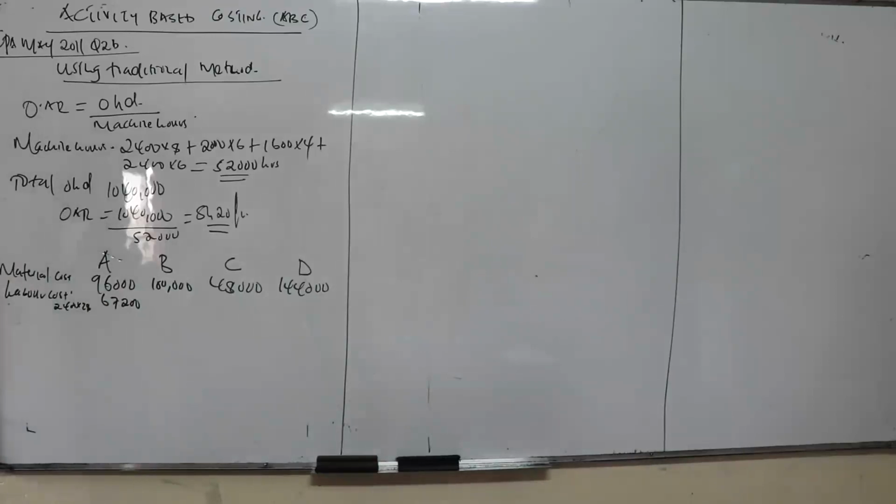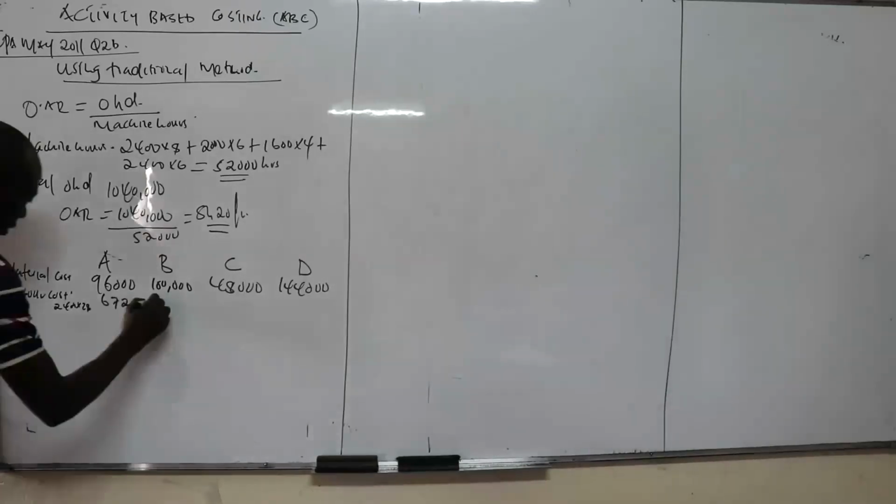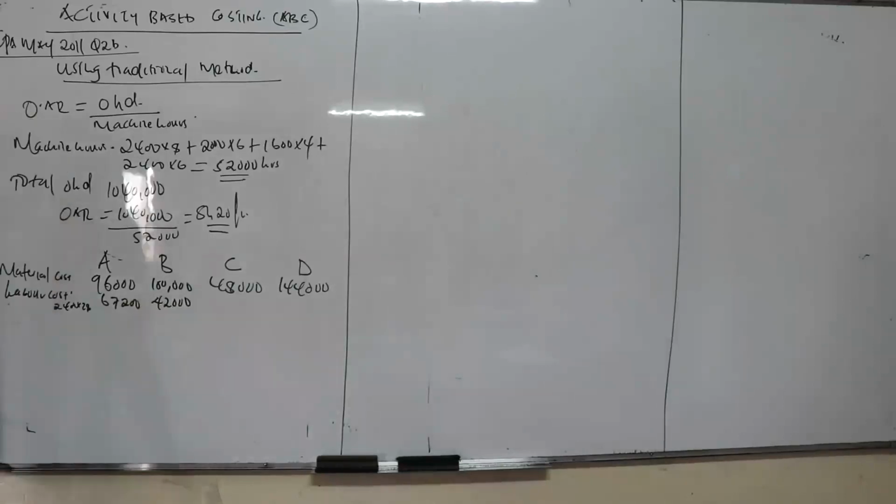Product B, how many shillings per unit? 21. So each unit requires 21 shillings labor cost. Now you multiply by the total number of units produced, 2,000. When you multiply, what do you get? 42,000. Product C, how much per unit? 14, then you multiply by 1,600.